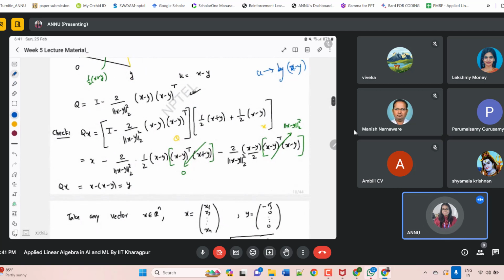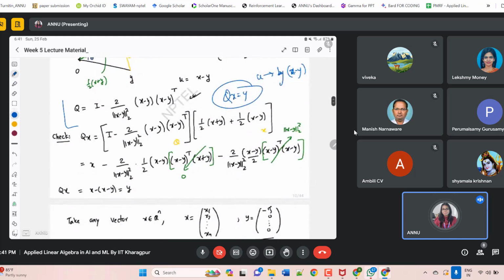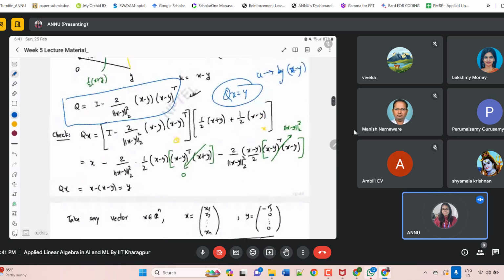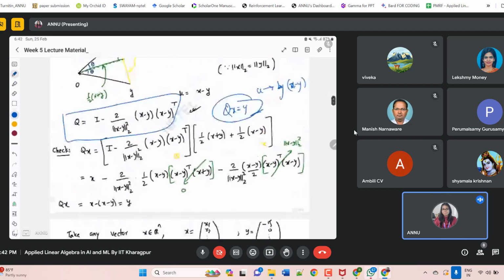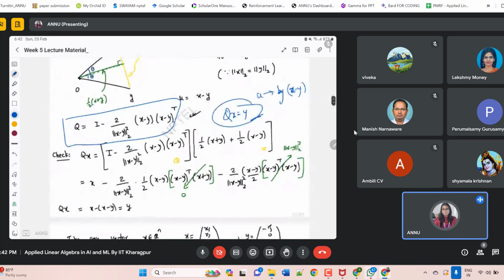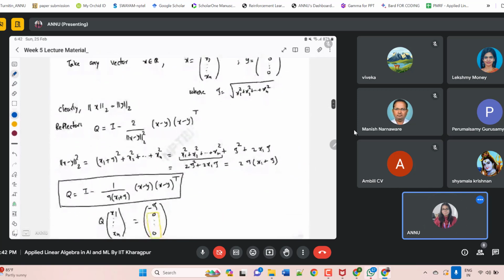Then after solving, you get Qx equals y. So Q is nothing but this particular matrix. First of all, we wanted to identify these things because that was our condition such that Qx equals y. Now, let's solve this particular matrix further.